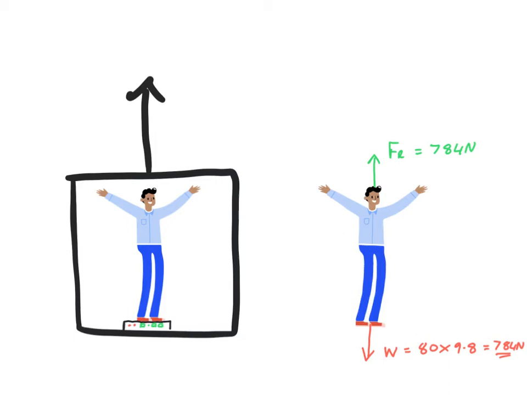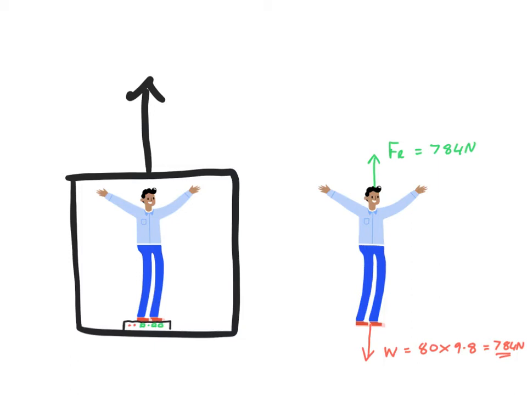So that means that the reaction force that you're getting from the scales has to increase. Now there is a Newton's third law pair of forces going on here. So if the reaction force from the scales has increased, it means that the force with which the person is pushing down on the scales also has to increase.